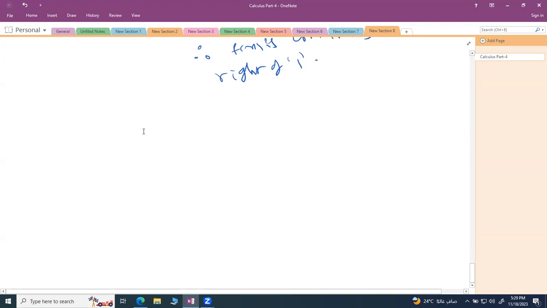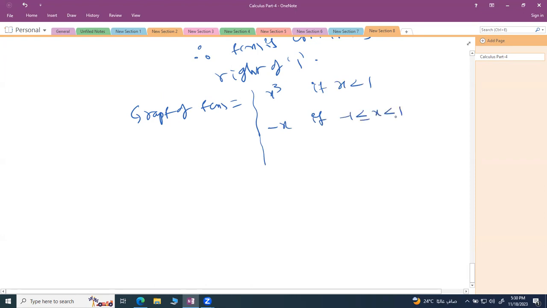Now we can draw the graph. Graph of f of x equal to x cube if x less than 1, minus x if minus 1 less than or equal to x less than 1, 2 over x if x more than or equal to 1.